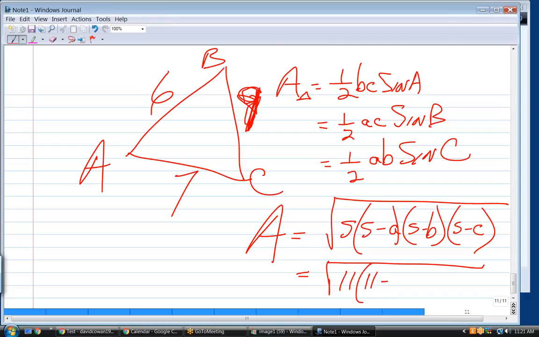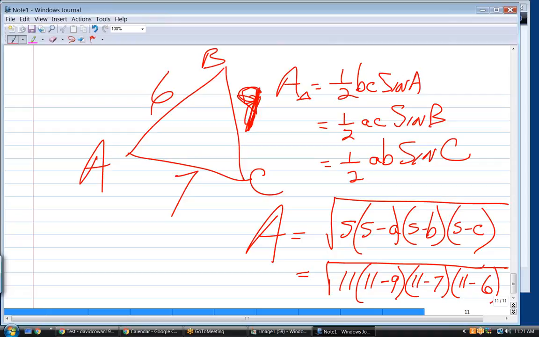And I got 11 minus 9, 11 minus 7, and 11 minus 6. So that also gives me the area of a triangle if I have side, side, side.